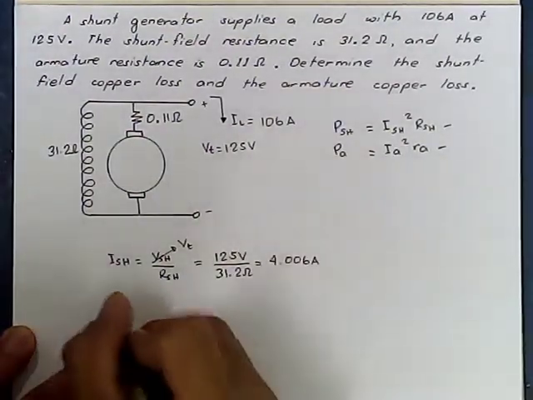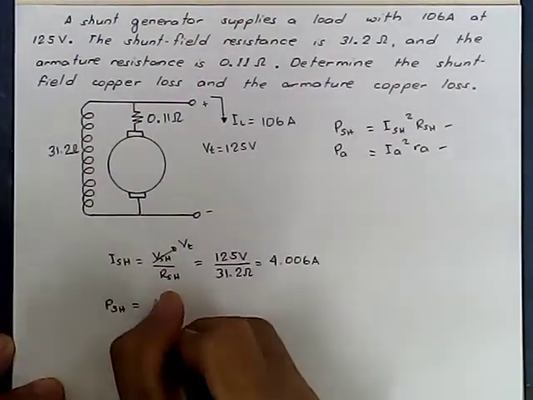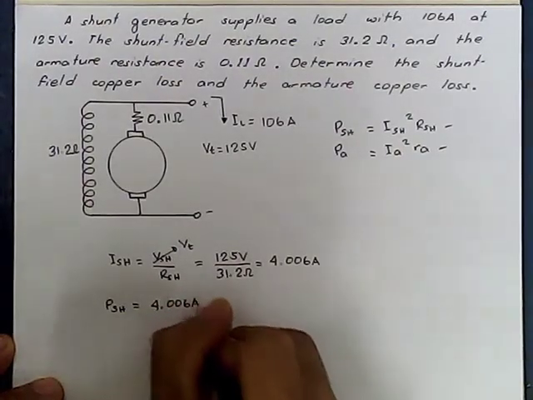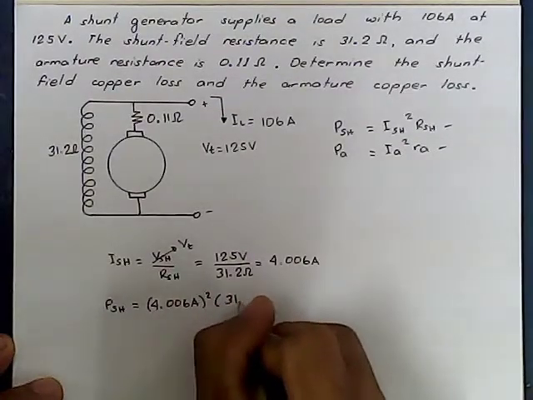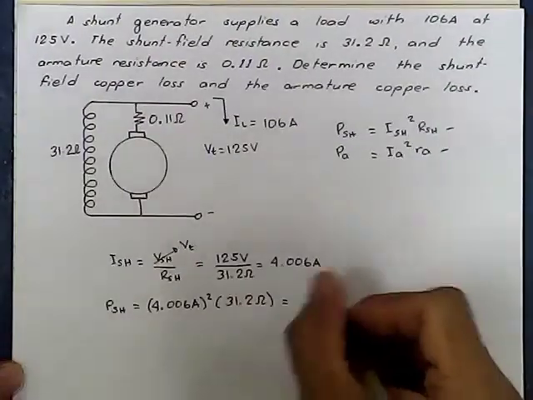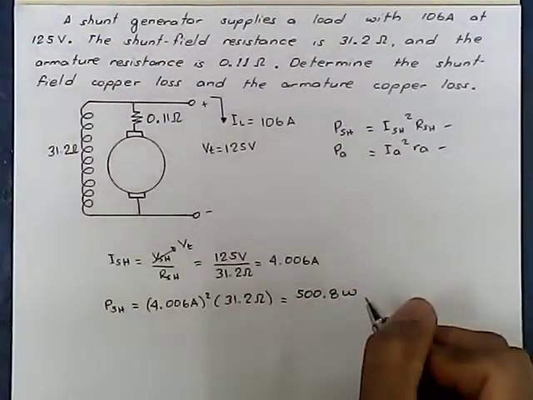We have PSH equals 4.006 amperes squared. Multiply natin ito ng 31.2 ohms. And this is 500.8 watts.